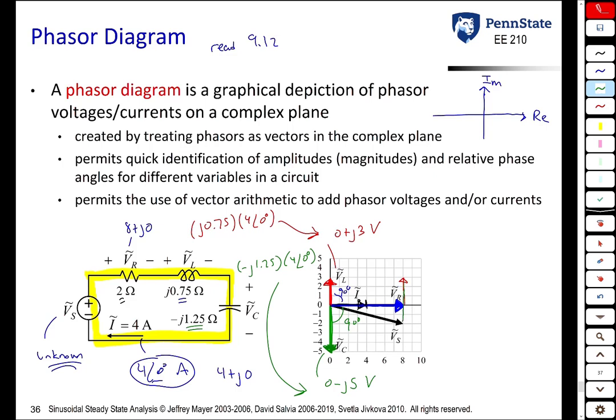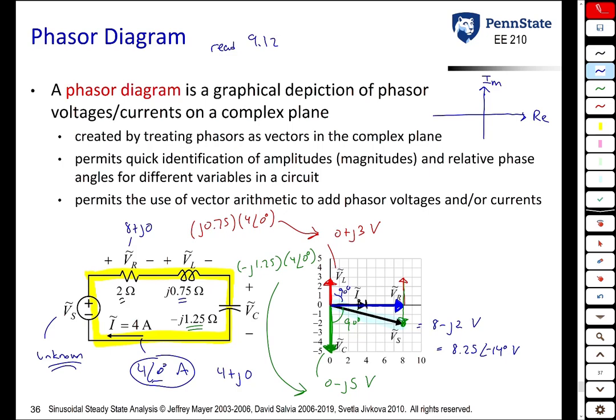It's going to look like that. And we get that the source voltage is that vector here, which is 8 minus J2 volts, which in polar form is 8.25 at an angle of minus 14 degrees.